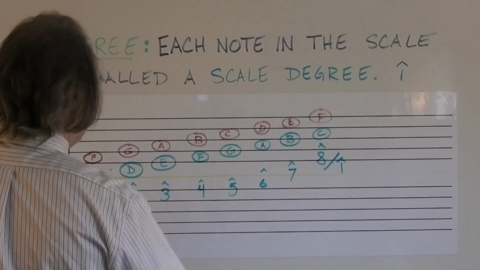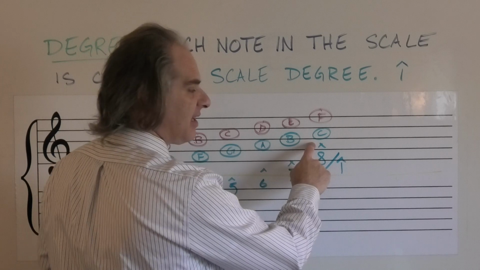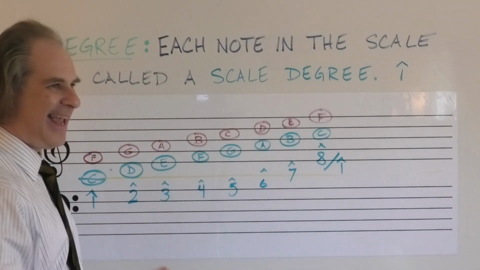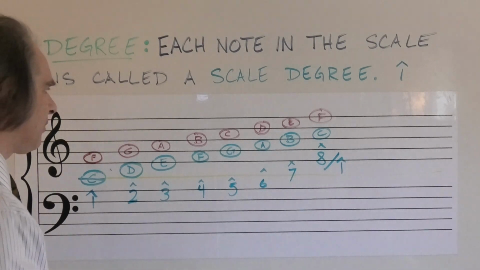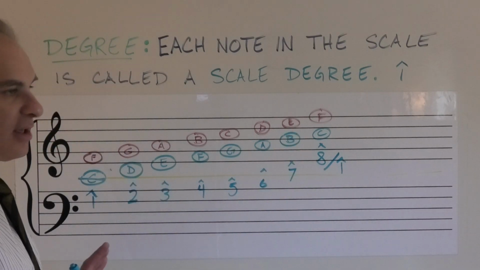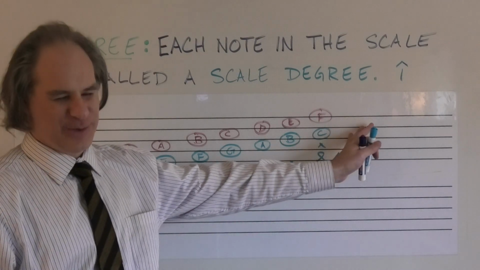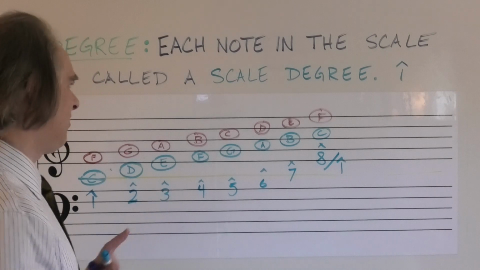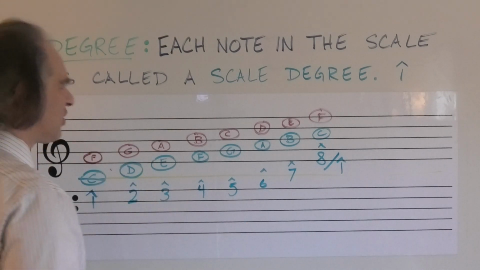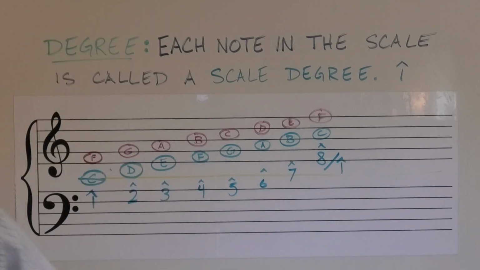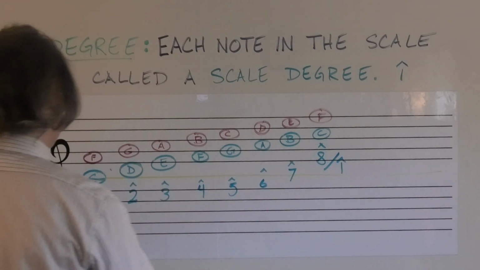So in theory, this last C is scale degree 1. In practice, it's scale degree 8. You can say 8. That's perfectly fine. But just know that a scale is 7 notes in succession. But it's also 8 notes in succession, but the 8th note is note number 1. Just think of it that way. So in the key of F, F would be scale degree 1.